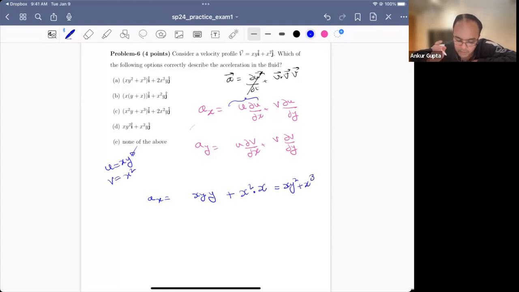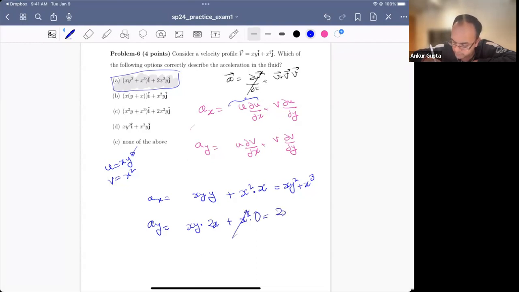So I will only see one answer with that, which is the first one. But let's keep checking. Hopefully we should get the second one as well to match. ay: u del v by del x, so u is xy. Del v by del x is 2x, so we get 2x squared y, plus v is x squared times del v by del y, which is 0 because it's only a function of x, so this goes away.